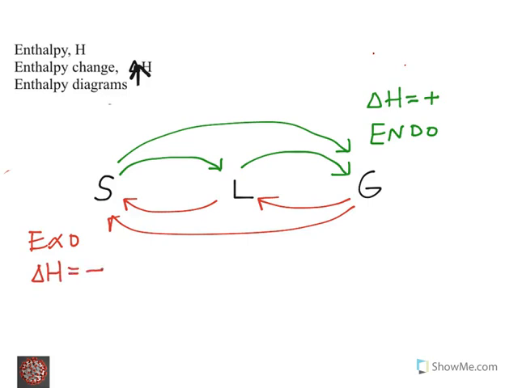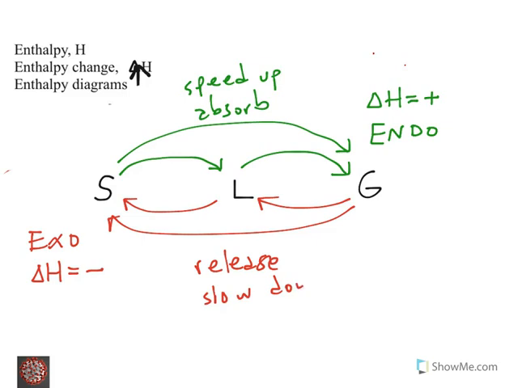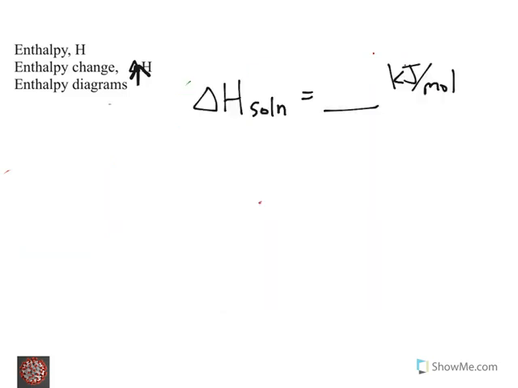Delta H will always be negative. They will always release energy. Whereas endothermic processes are absorbing energy. The particles speed up because they gain the energy in an endothermic process. The particles slow down in an exothermic process because they lose energy.